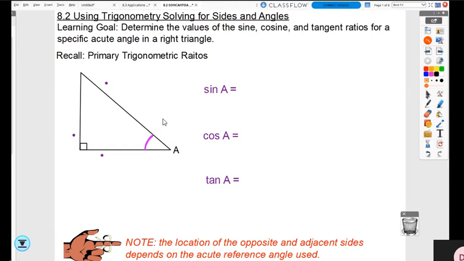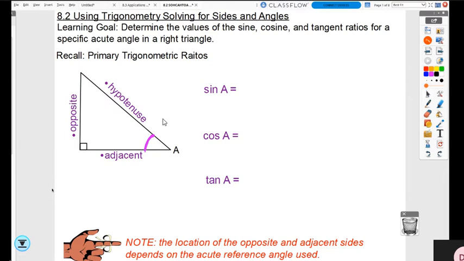So if this is our reference angle A, of course this side right here must be the hypotenuse because it's across from the 90. And a lot of us go right to the adjacent. This down here has to be the adjacent because the reference angle touches the hypotenuse and the adjacent. And lastly, over here is the opposite side. Labeling the triangle is always step one.